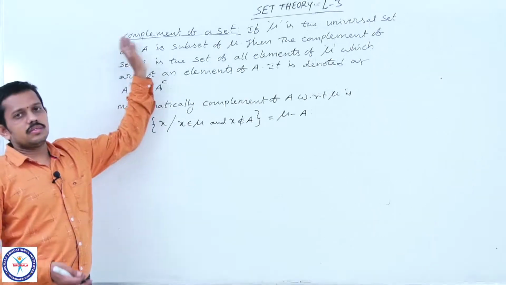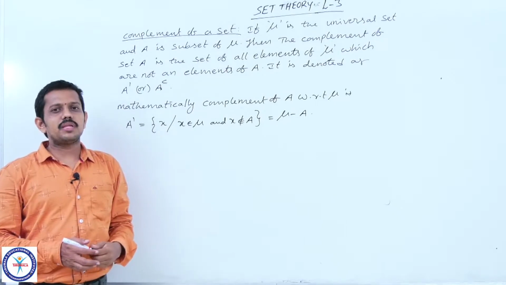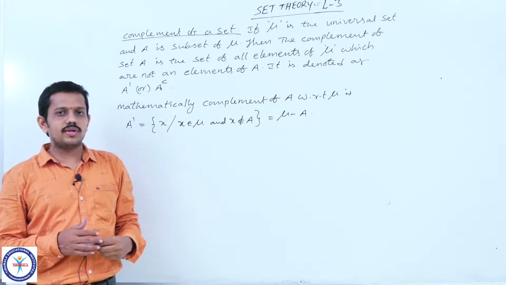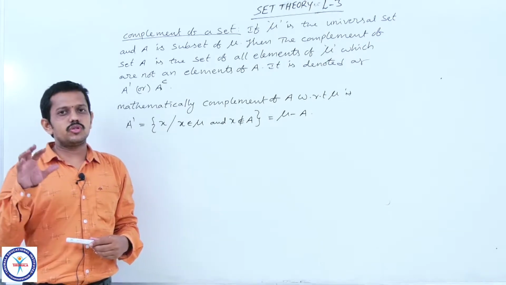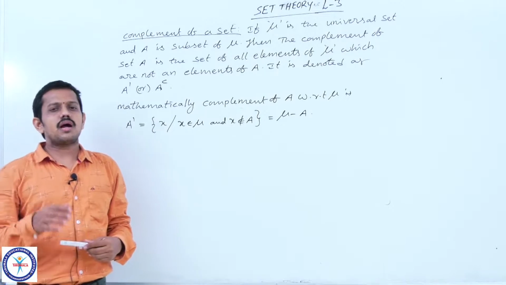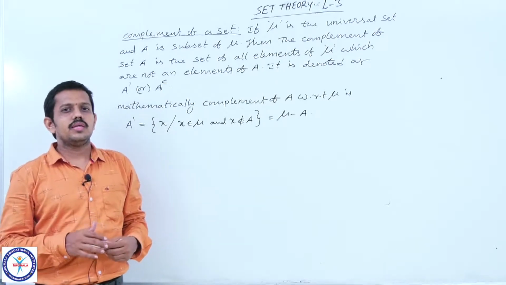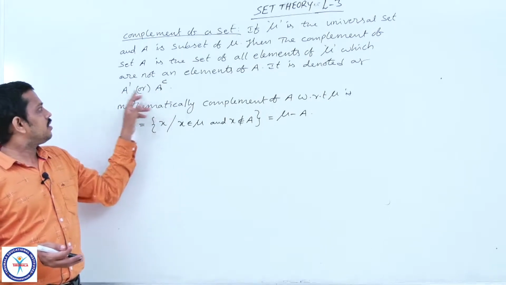Define the next operation, complement of a set. What is the complement of a set? If mu is a universal set and A is any subset of the universal set, then the complement of set A with respect to the universal set mu is denoted as A complement or A dash.